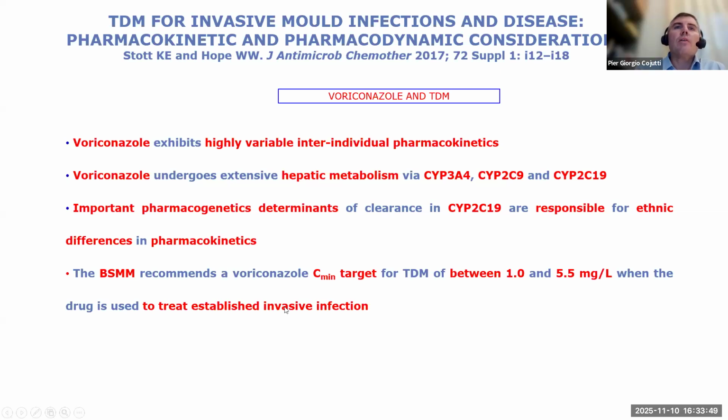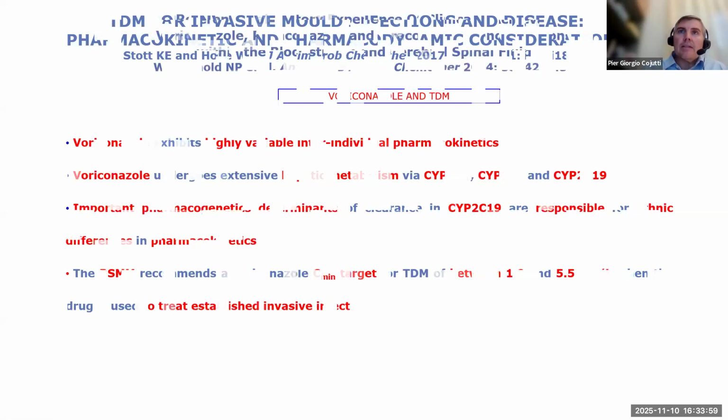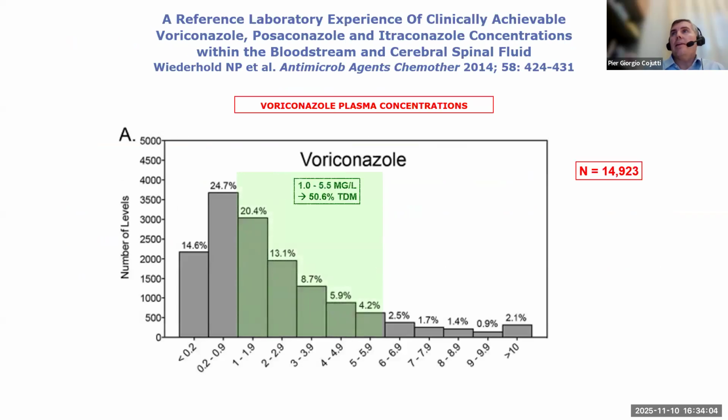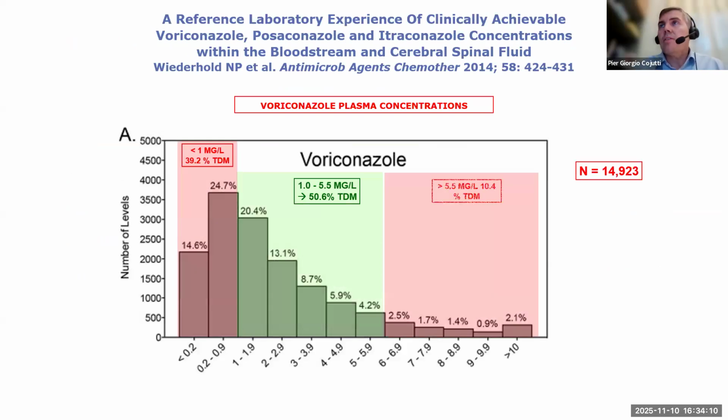So for voriconazole, there is an established target of trough concentration between 1 and 5.5 milligram per liter in blood. And so targeting drug concentration within this range is fundamental in order to avoid toxicity and inefficacy. Here I show you how variable the trough concentration of voriconazole is.